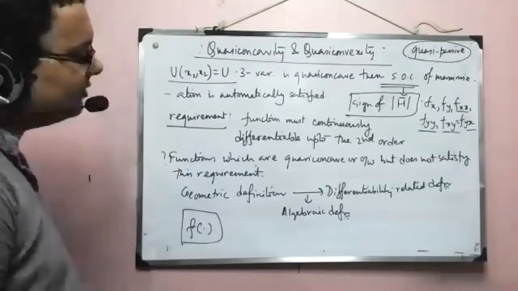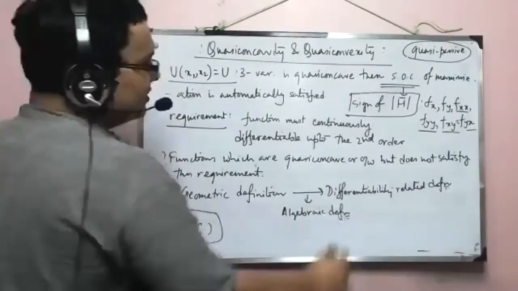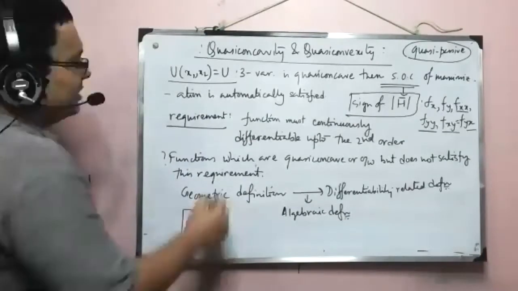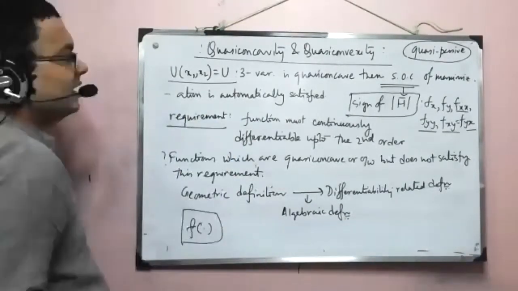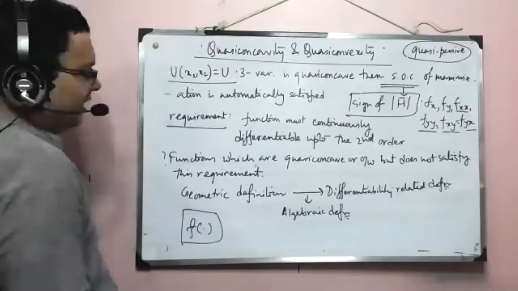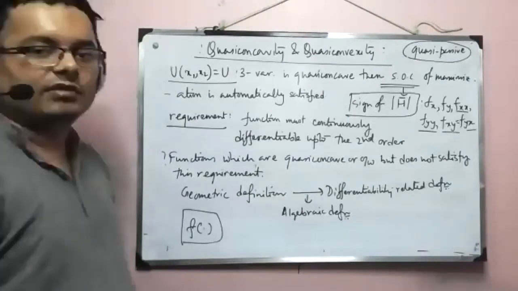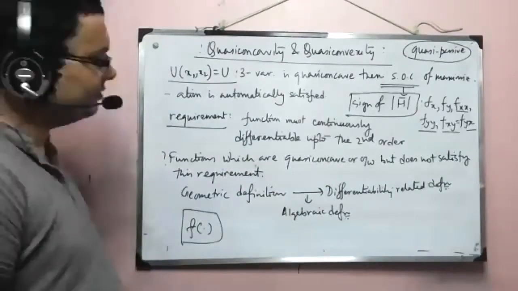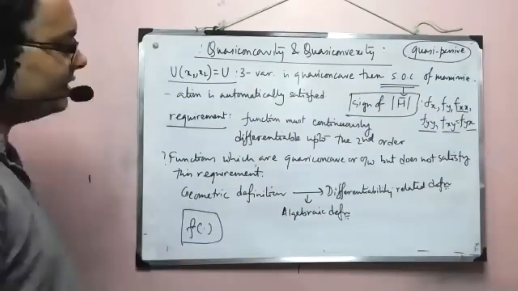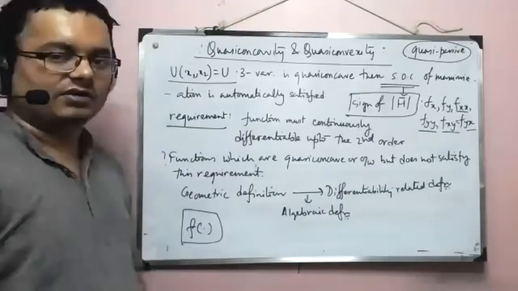So that's why we are a fan of this condition related to differentiability. But given a function, we first have to check whether it satisfies this requirement or not. If it does, then we can go to the bordered Hessian, and if it does not, then applying the algebraic definition will definitely be a better idea than the geometric definition, because there is a risk of drawing the wrong diagram and reaching the wrong conclusion.